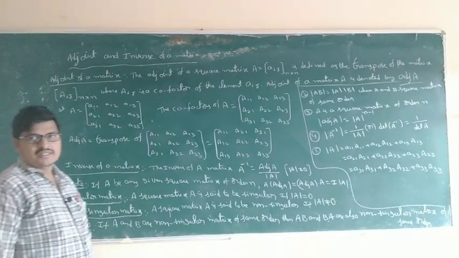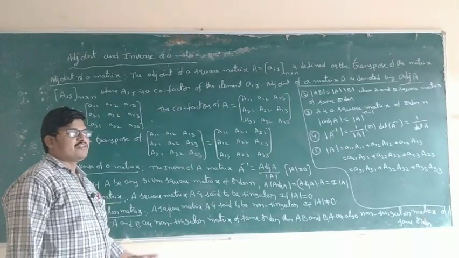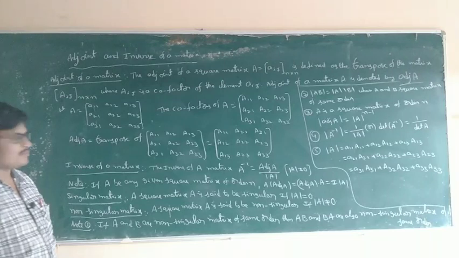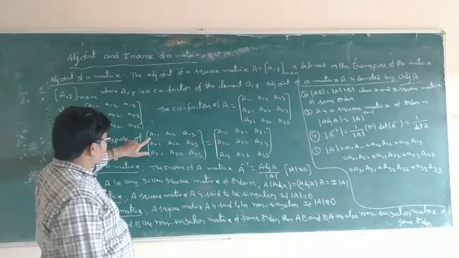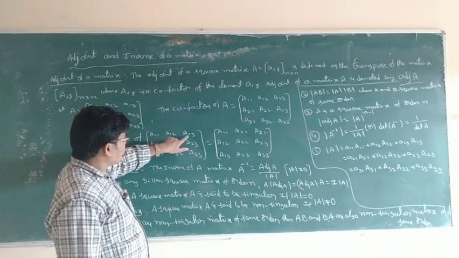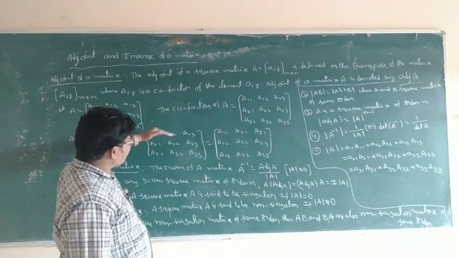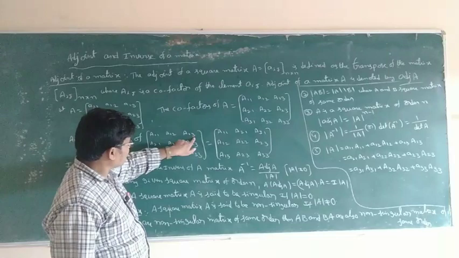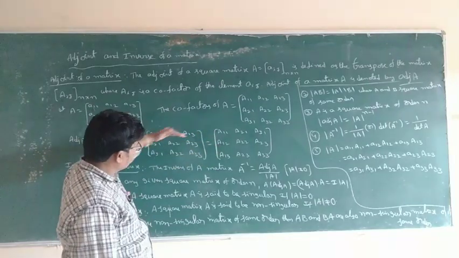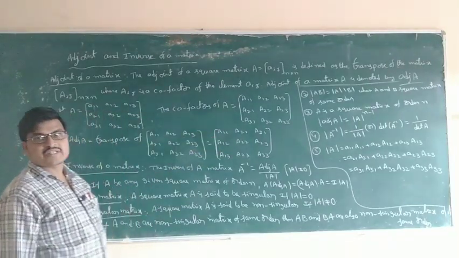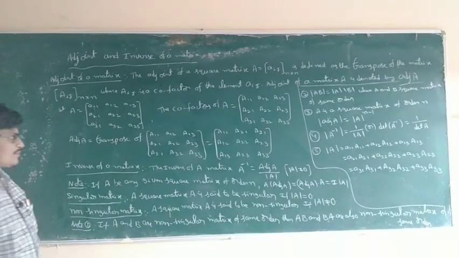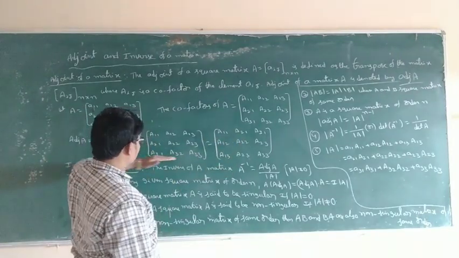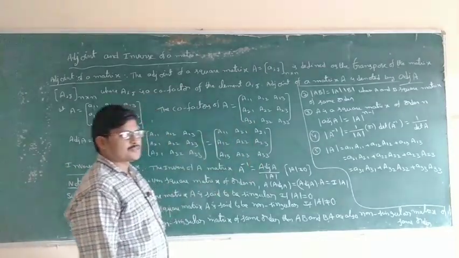The first row A11, A12, A13 becomes a column: A11, A21, A31. Transpose means interchange the rows and columns, so A21, A22, A23 becomes the second column, and A31, A32, A33 the third.